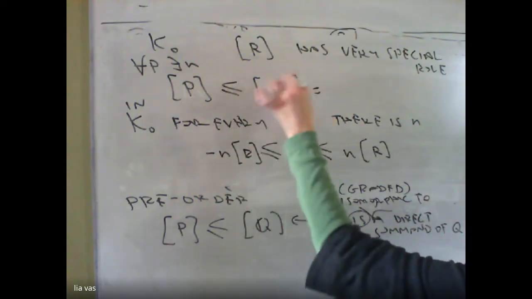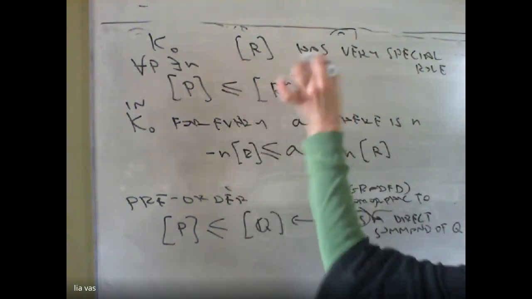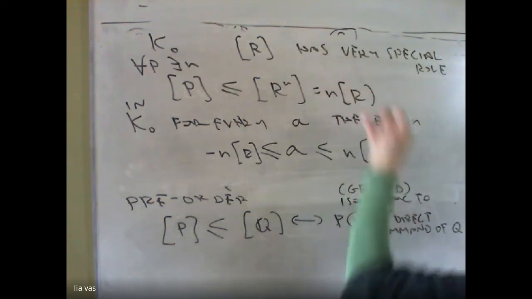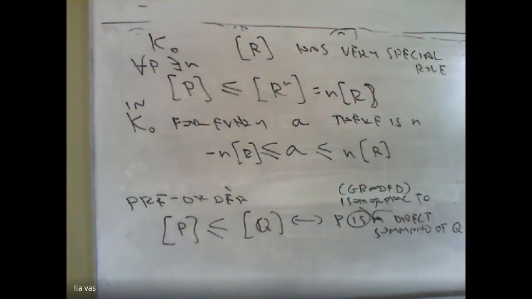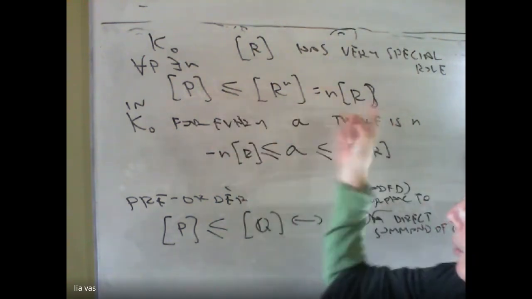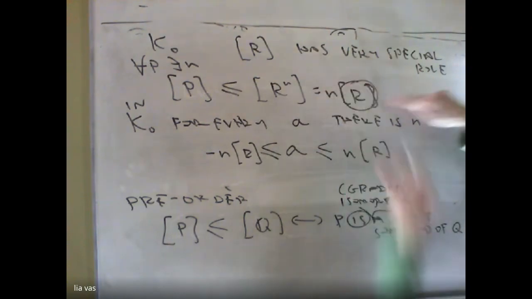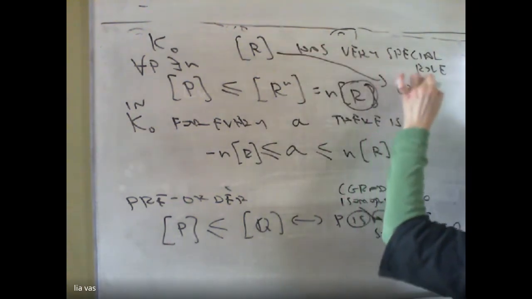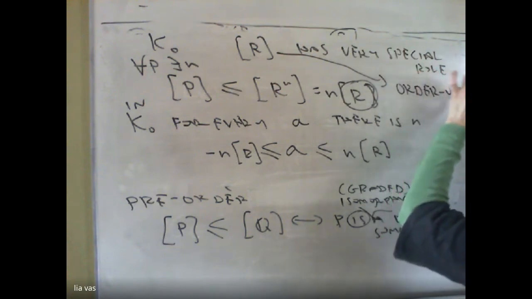So this n times r is like r plus r, n times, so we can write it like this. An element of a monoid that has this exact property, right, that this element here has, is called an order unit.